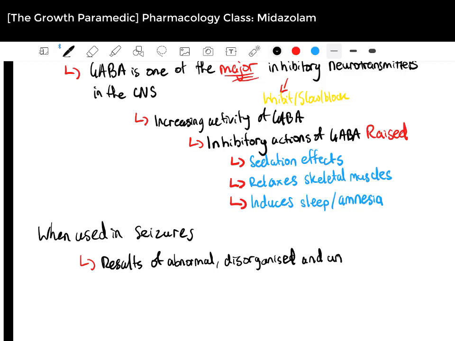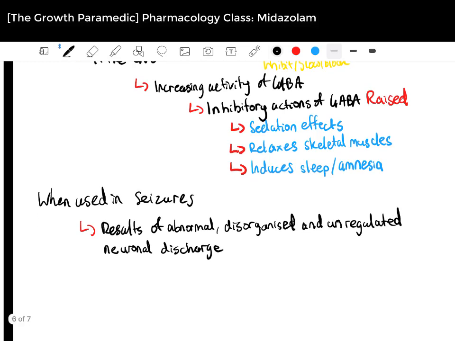So that's what seizures are by definition. By increasing the resting membrane threshold potential gradient that the GABA receptors do when you give them midazolam.